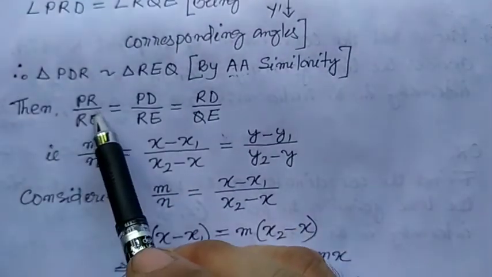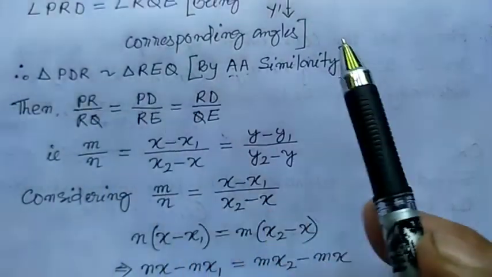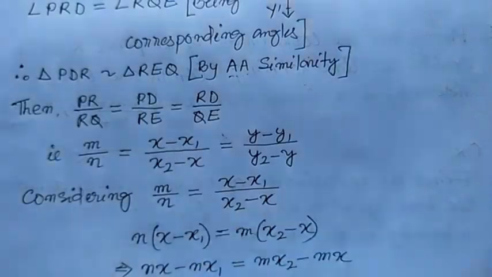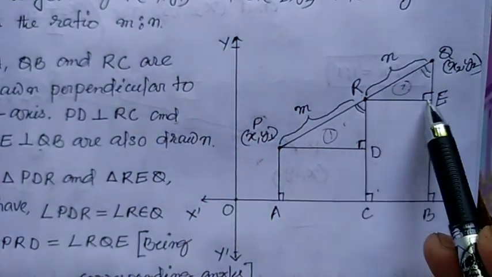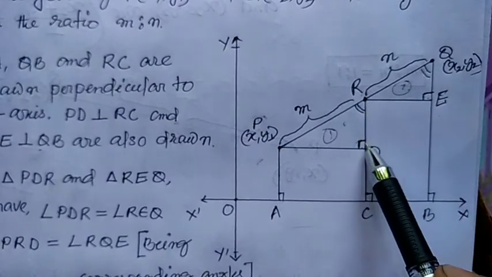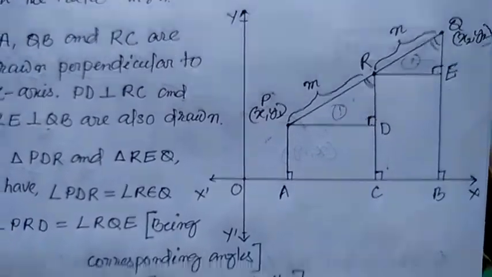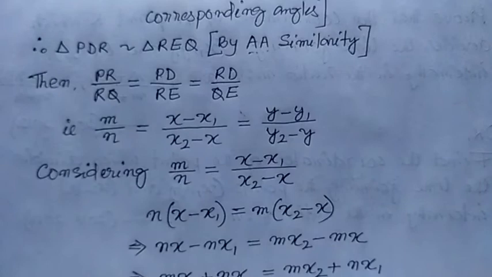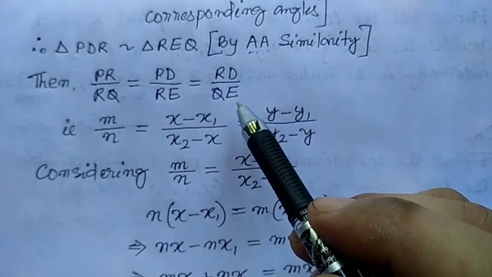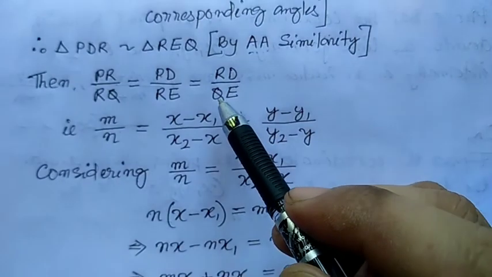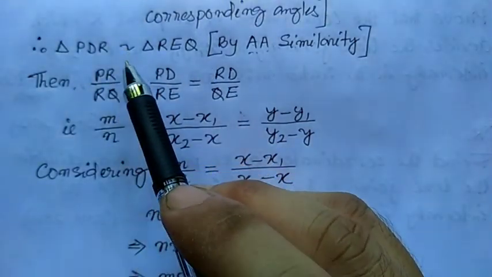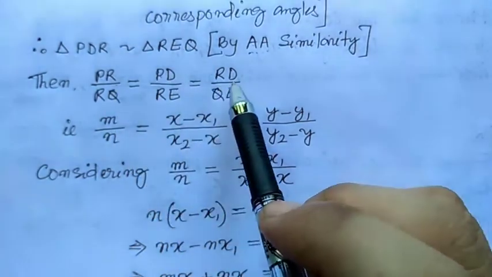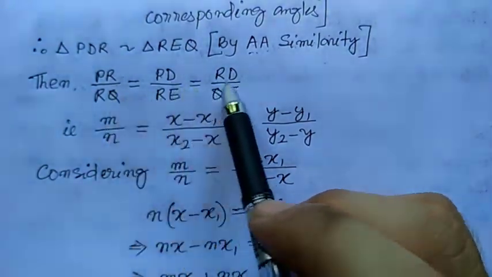So we write PR divided by RQ is equal to, we take another side PD. PD's corresponding side is RE. Like that, for RD the corresponding side is QE. So we simply write these ratios are equal. This is one of the properties of similar triangles. If two triangles are similar, the ratio of the corresponding sides are equal. So we have written this.